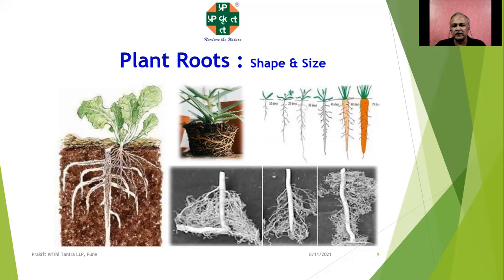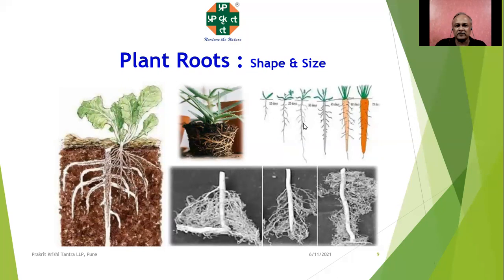Again, when I say depth, can be 6 inches, can be 9 inches, can be 14 inches, 18 inches, up to 3 meter also. So must know the root system of the plant, how much deep root system goes, and accordingly, and how much it spreads also.